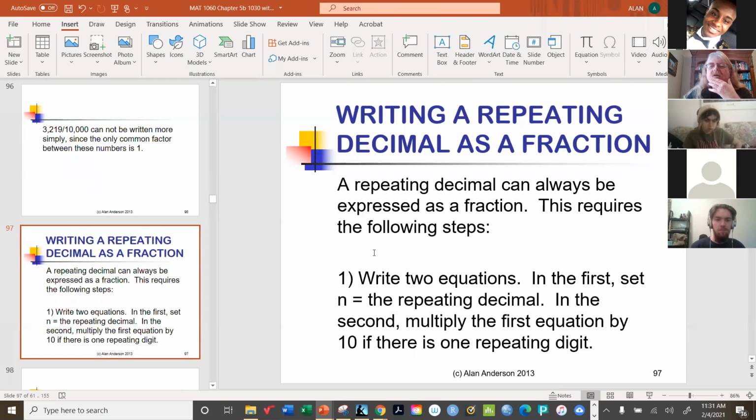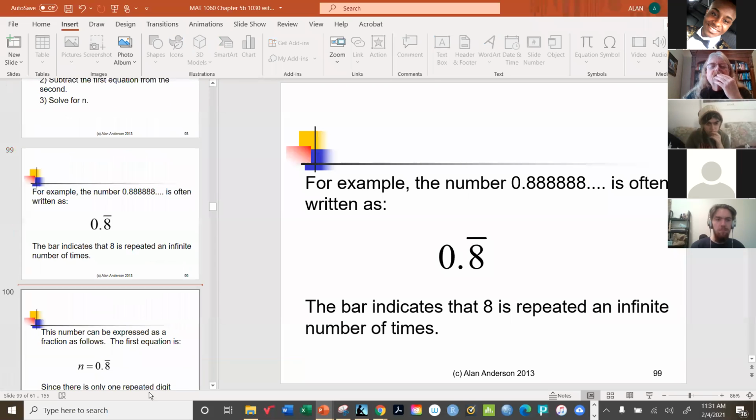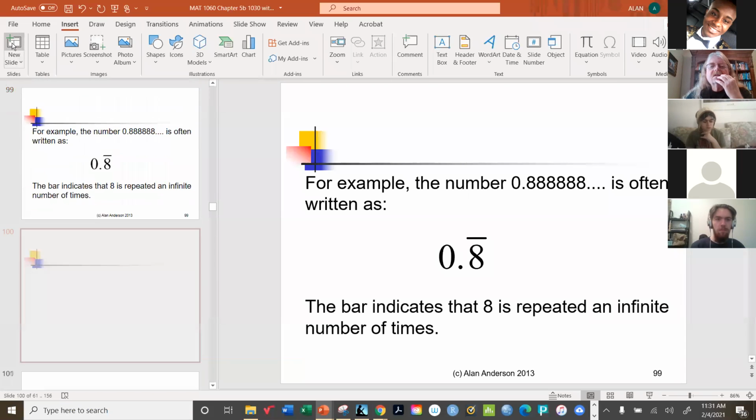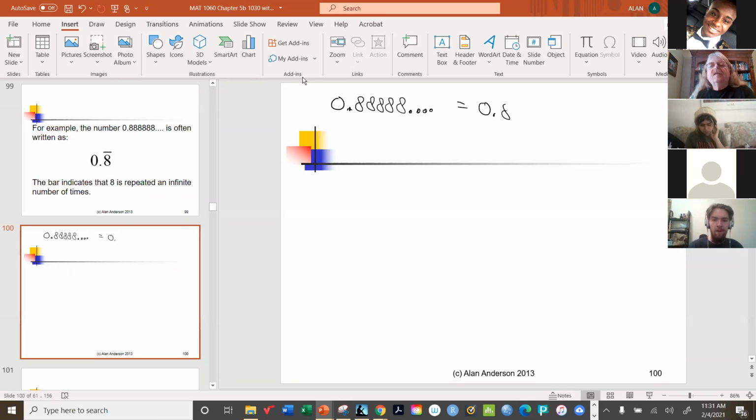Okay, so I'm going to show you a cool technique for doing this. We're going to start with the example of 0.88888. Okay, so let me show you how that works. Suppose we have the repeating decimal 0.88888, which can, of course, be rewritten as 0.8 bar.